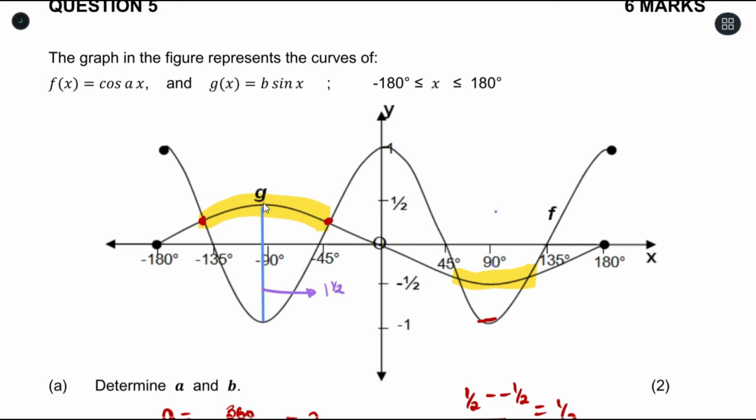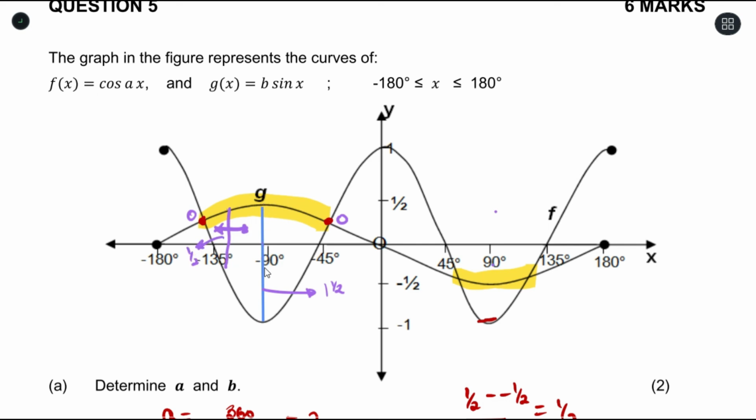I got that because the distance from here to here is 1 over 2, and the distance from here to here is a full 1 unit, right? So the total distance will be 1.5 units. Now, if the difference here is 0, and at the highest point difference is 1 over 2, we understand that between here to here, you will get at least 1 point that the difference would be half.